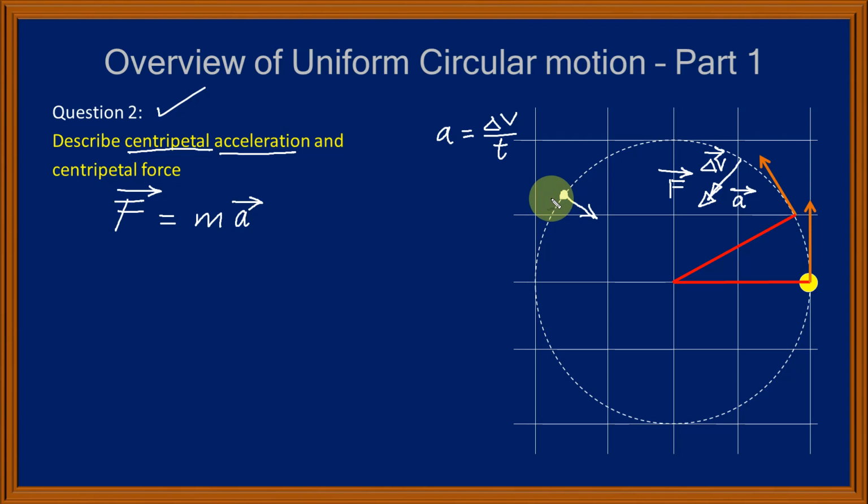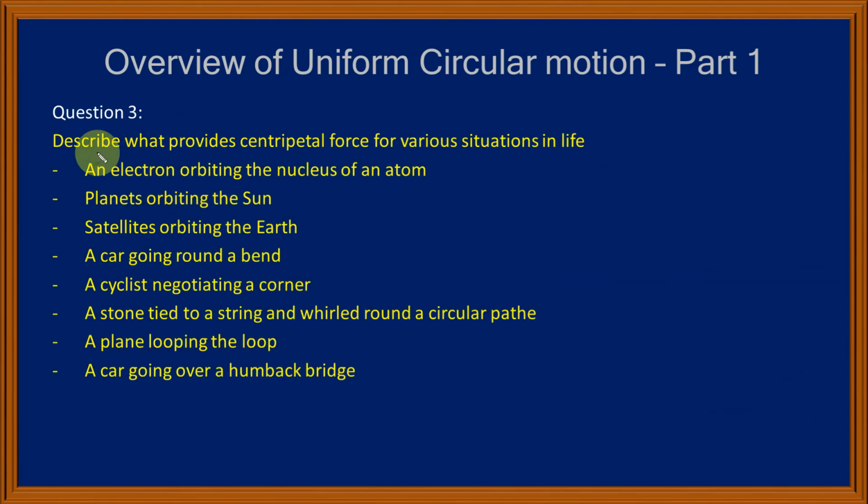And let's quickly look at that question. So over here in this question, I want to describe what provides centripetal force for various situations in our lives. I've just mentioned the electron orbiting the nucleus of the atom. The nucleus is positively charged and the electron is negatively charged, and the electron is orbiting the nucleus.